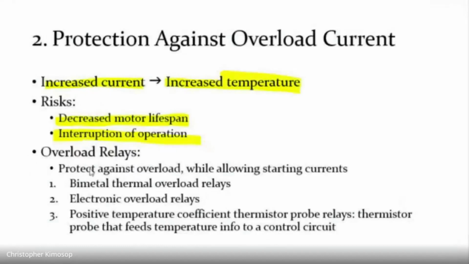The main method of protection against overload currents is the overload relays. These are devices that sense, usually by means of sensing too high a temperature, and they provide a signal or they disconnect the circuit directly by opening the circuit.